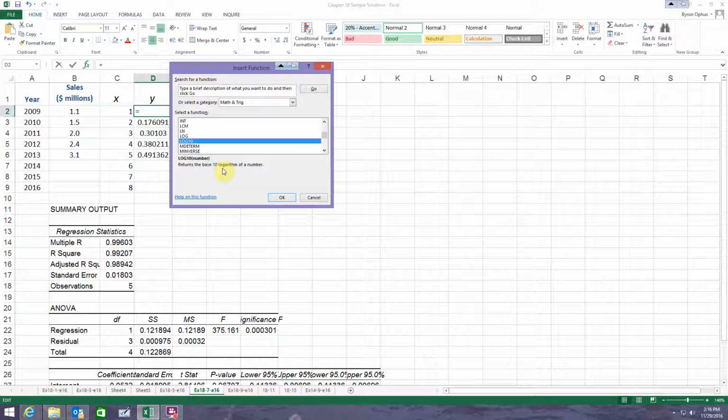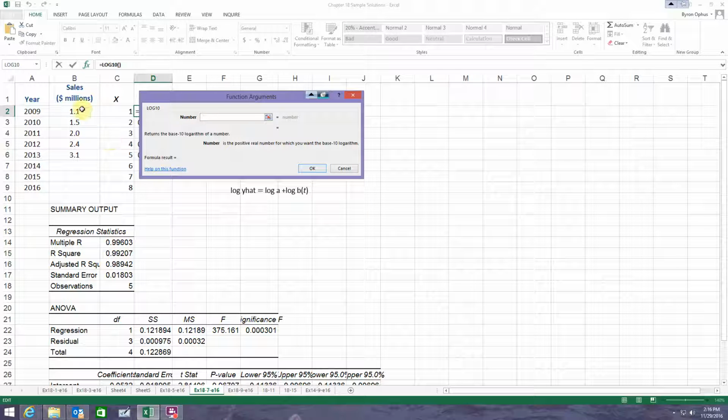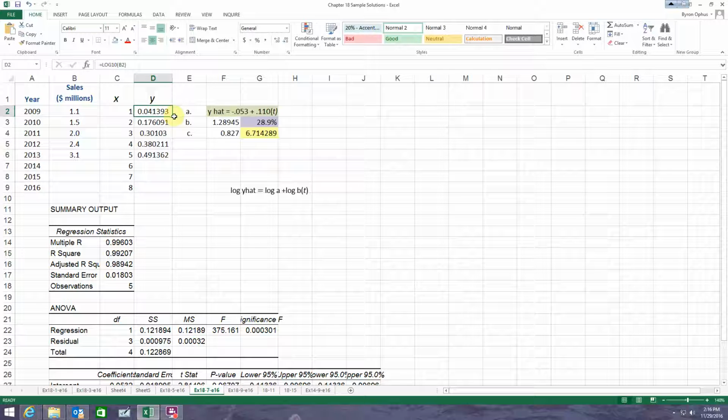Returns the base 10 logarithm of a number. Okay, so what's the number? It's that one. Okay, copy that down until I get even with my 3.1 there, and there we go. So I've got my base 10 logarithms for all of those.